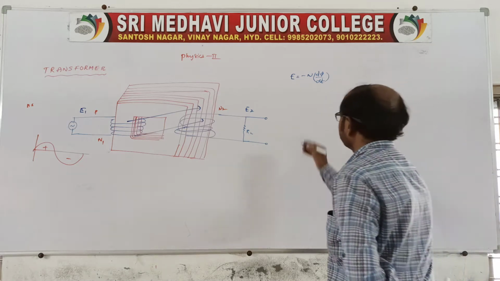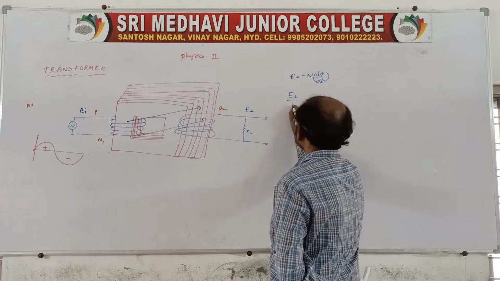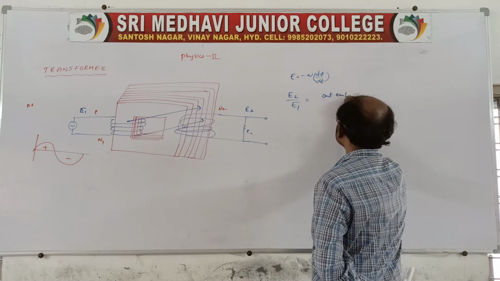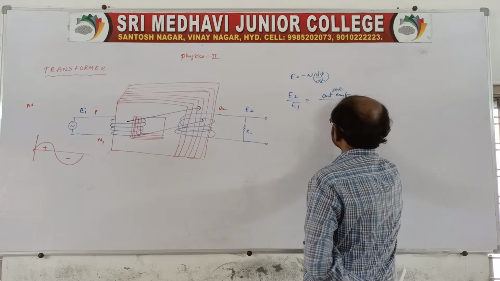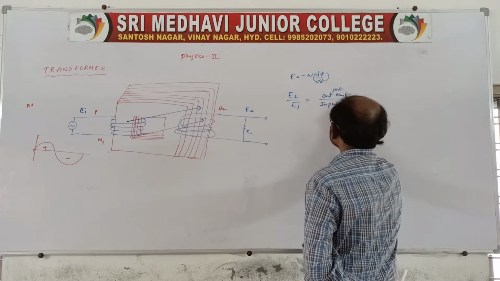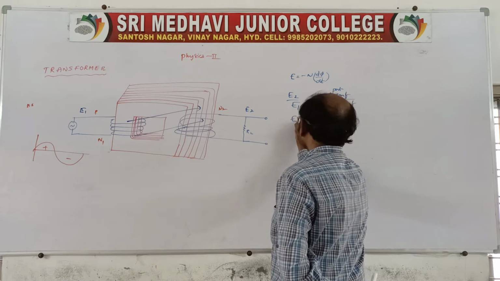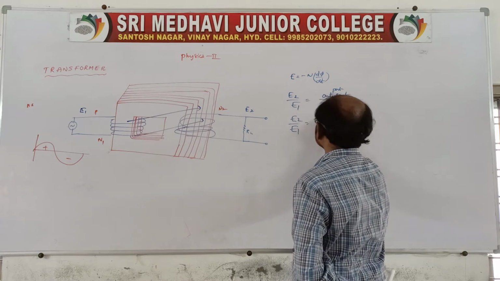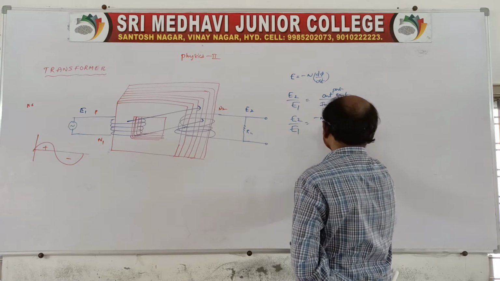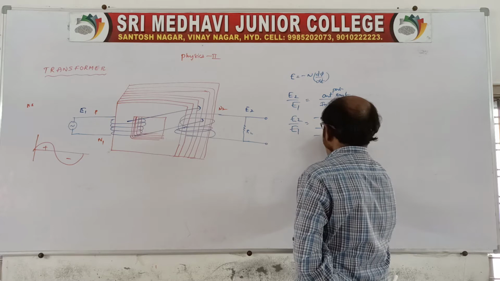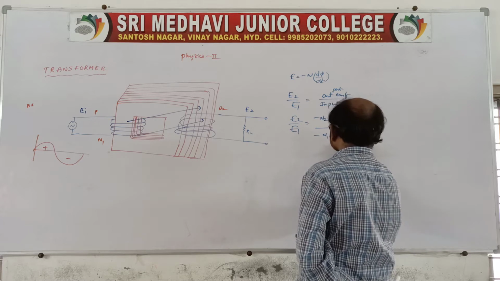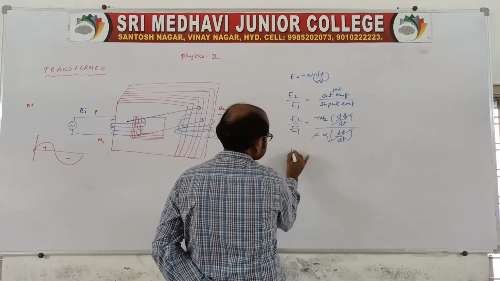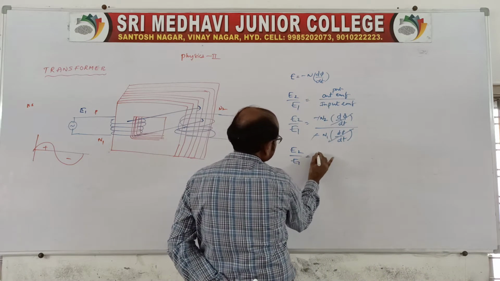E2 by E1 is output EMF by input EMF, so E2 by E1 is equal to N2 d phi by dt by minus N1 d phi by dt. Then d phi by dt is cancelled, and the minus is cancelled. E2 by E1 is equal to N2 by N1.